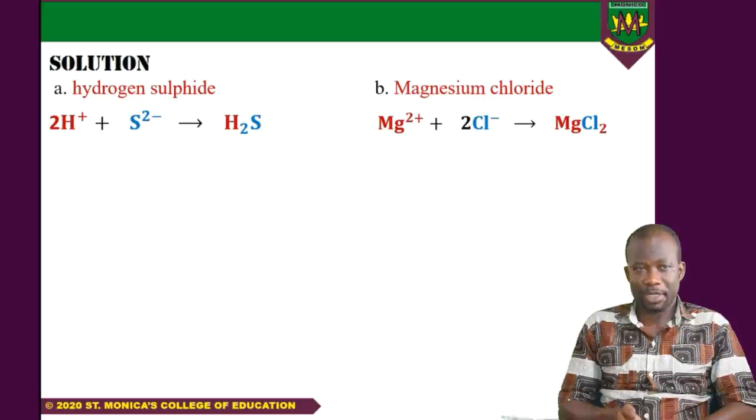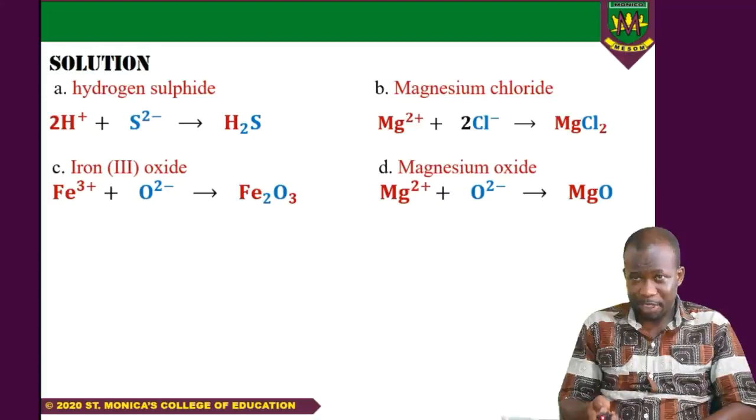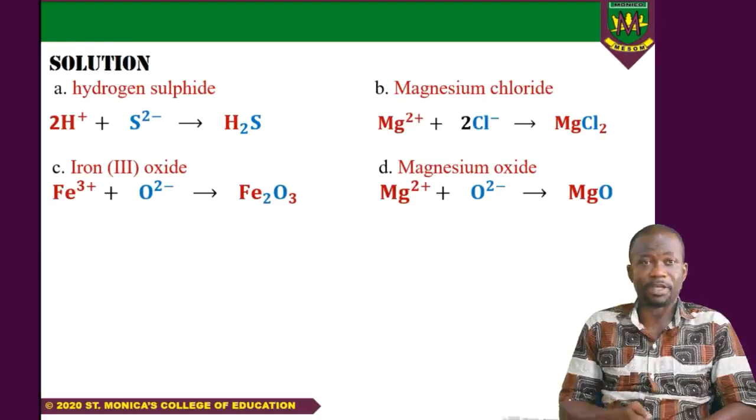Together they will give us Fe2O3. Then magnesium oxide, Mg2+ plus oxygen 2-, meaning that the magnesium will lose the 2, and oxygen will accept the 2 to become oxygen 2-, and at the end they will form magnesium oxide. I also explained this magnesium oxide with the magnesium chloride, so you take note of that.